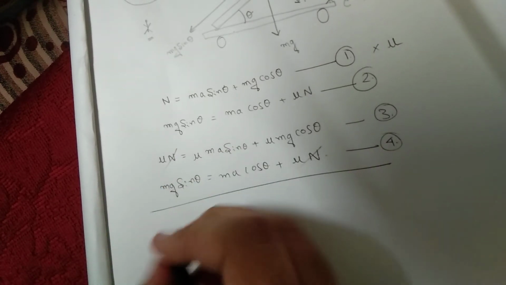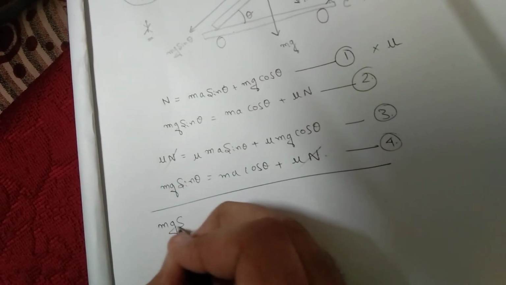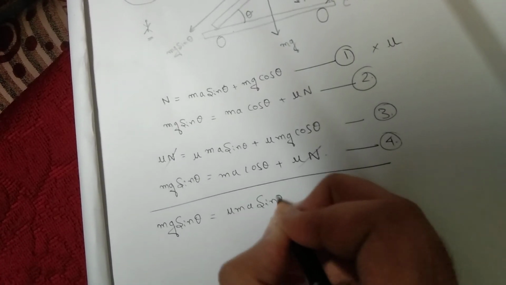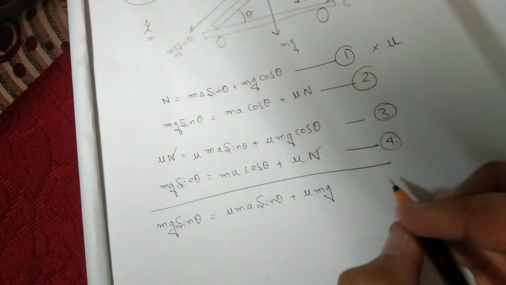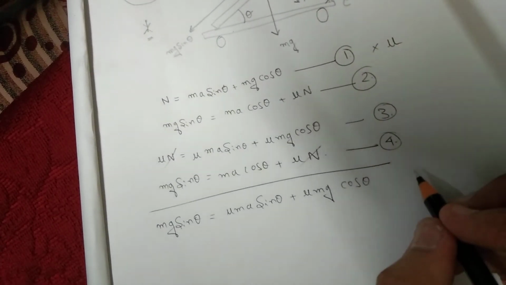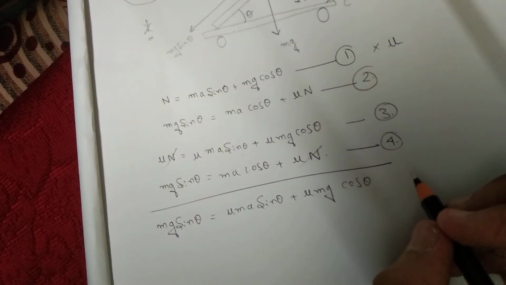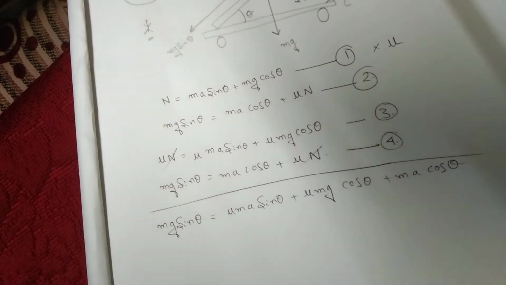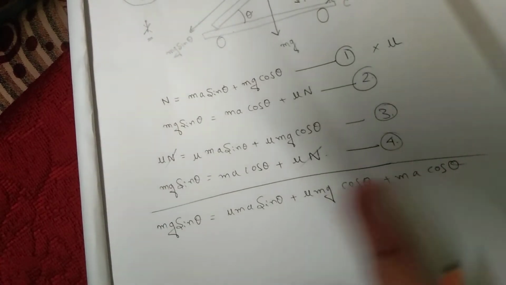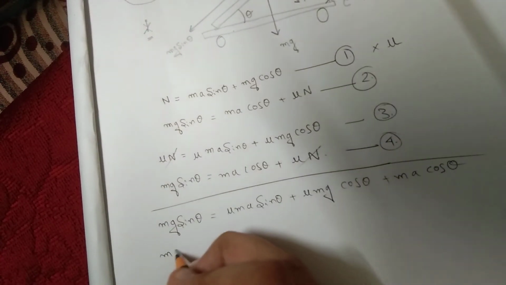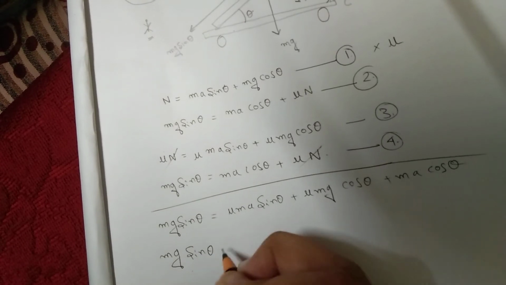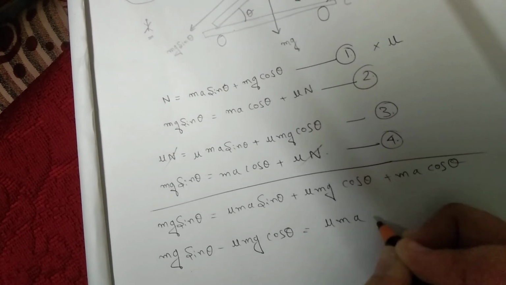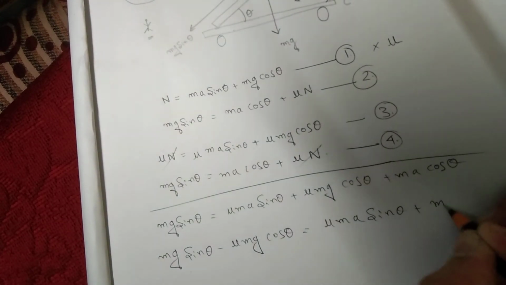So let me cut this, and it is mg sine of theta equals mu ma sine of theta plus mu mg cosine of theta, and what is left, plus ma cosine of theta. We need to find the acceleration, so let us take common terms from both the sides. It's mg sine of theta minus mu mg cos of theta equals mu ma sine theta plus ma cosine of theta.